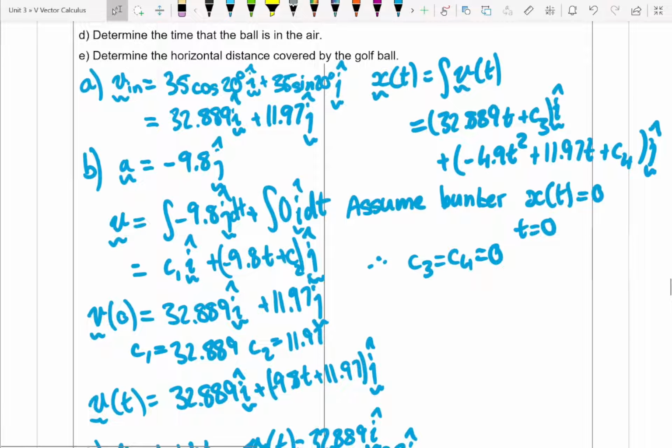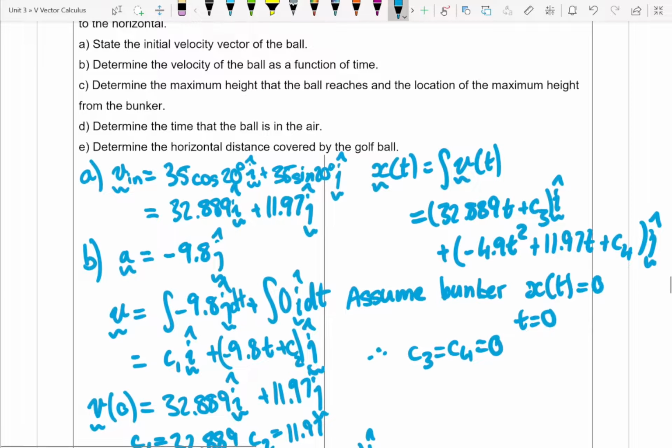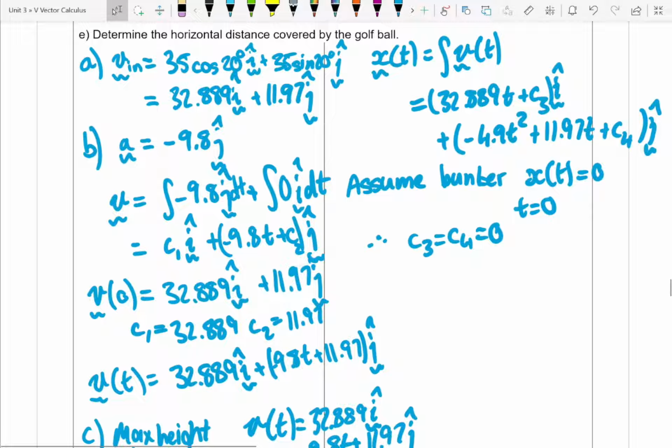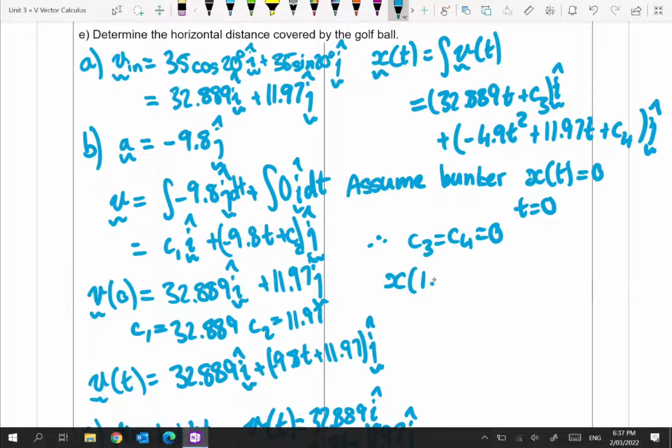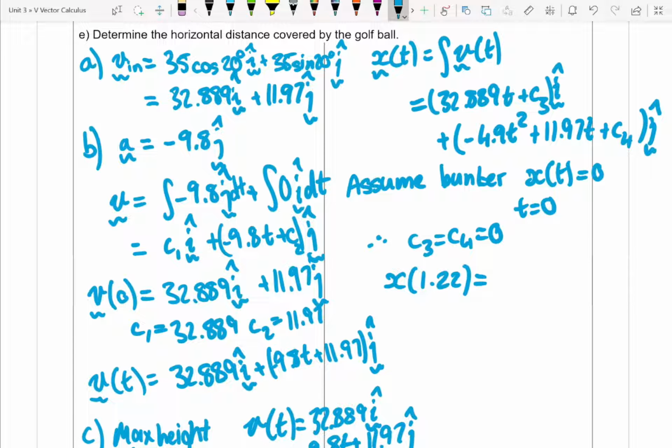It doesn't actually matter what the position of the bunker is because we're asked how far it is from the bunker. So let's just find the location. So we're going to find x of 1.22, which is equal to, in the i component, 40.17i plus 7.31j.